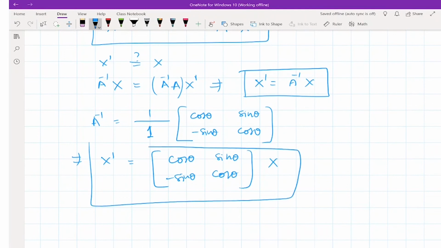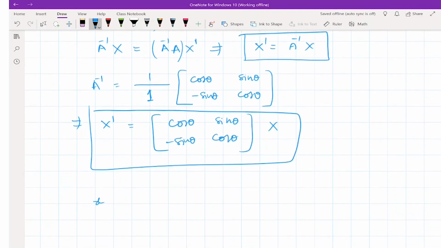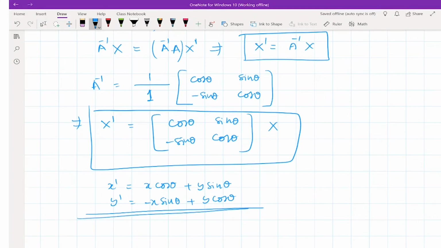And of course, if you want, you write it in terms of x and y: x dash equals x cos theta plus y sin theta, and y dash equals minus x sin theta plus y cos theta. Hope this is clear.